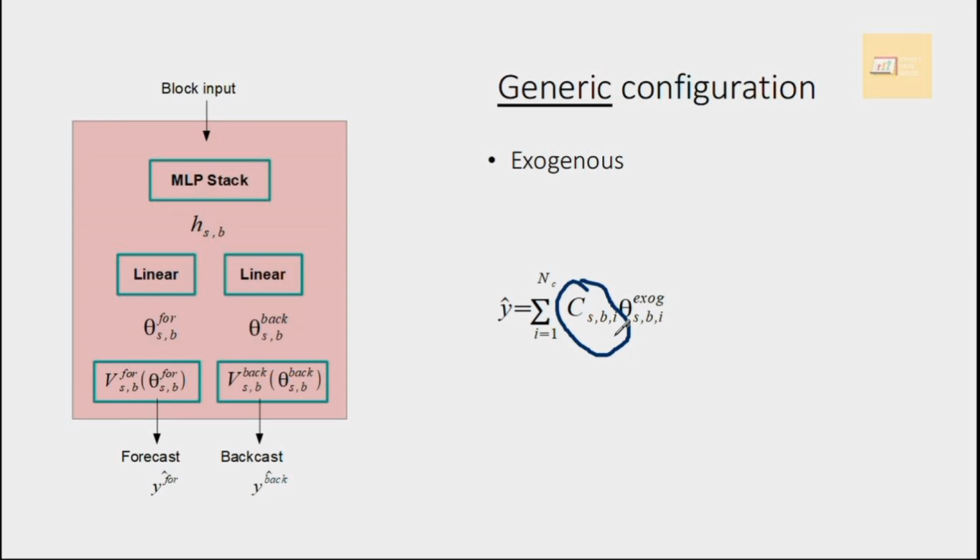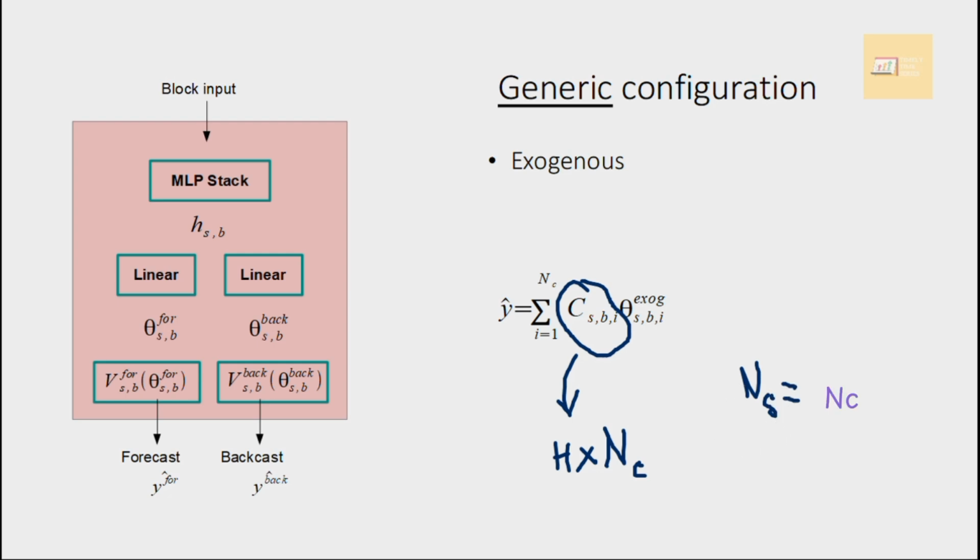The general theme in a generic configuration is like that: the model learns by itself instead of trying to mimic the traditional decomposition. And the dimension of this matrix would be H rows and NC columns. So NS, we talked about NS several times now, right? NS would equal NC.